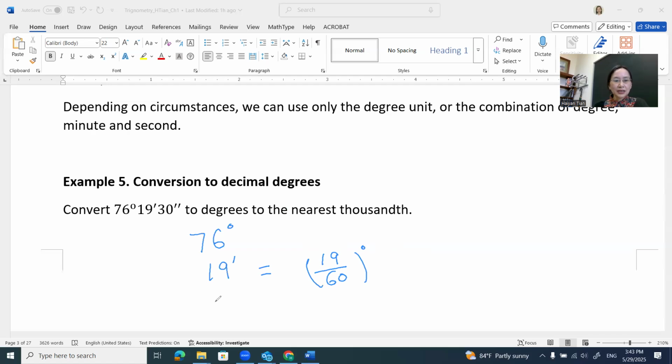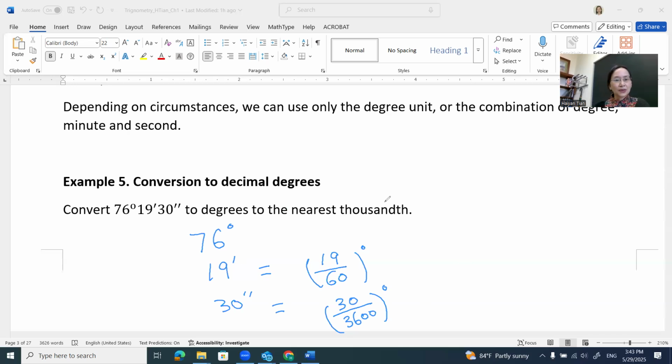And now 30 is in seconds. Seconds, that's not a degree. But remember, in order to convert it into degree, it is a very small percent of a degree. So 30 divided by 3600, that is a fraction of a degree.